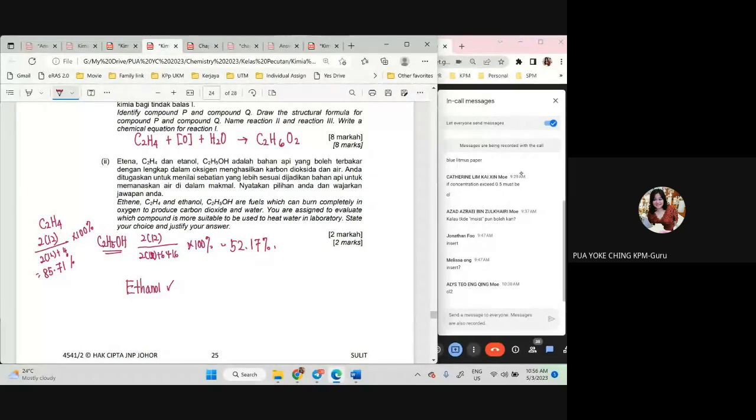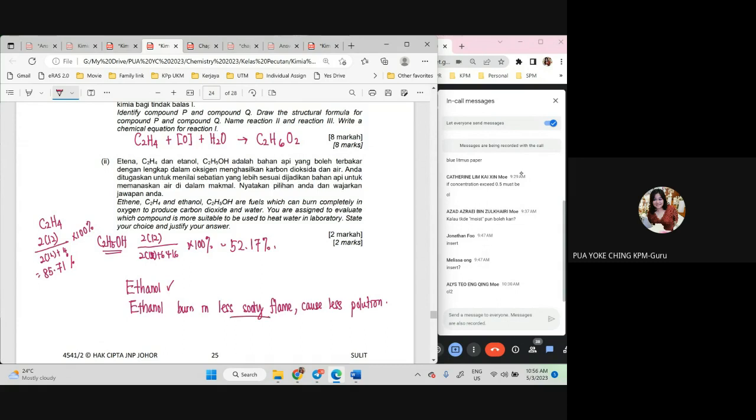Ethanol will be choosing 1 mark. Atas ni tak ada markah. It just help you to calculate. Okay. Ethanol burn in less sooty flame. Okay. So cause less pollution ataupun air pollution.